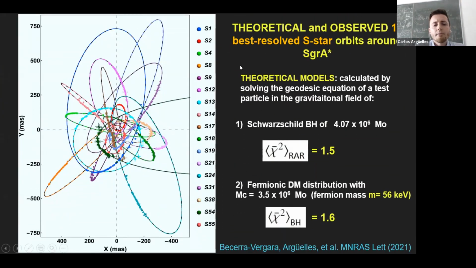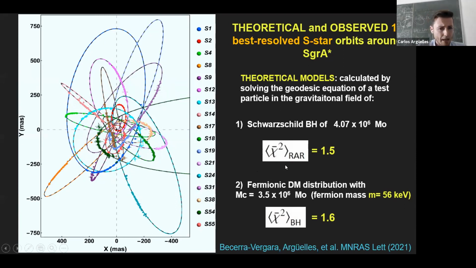Very recently, we have extended our analysis and took the 17 best-resolved stars, with the few data provided by the telescope I mentioned before. By repeating the same procedure, we were able to also provide very good fits for all these 17 orbits. In red is S2.